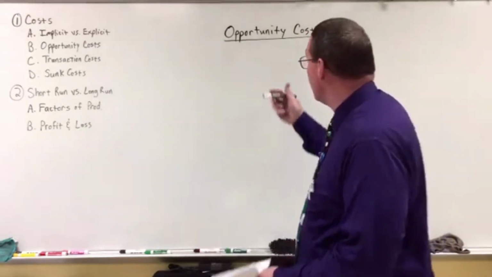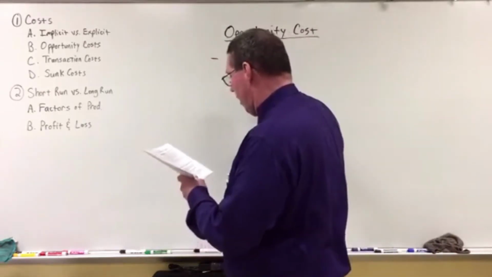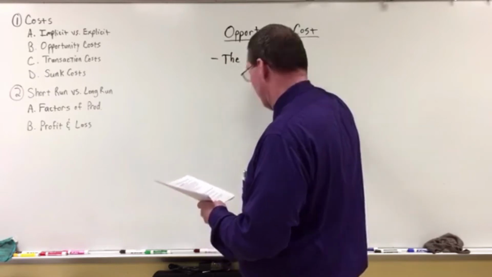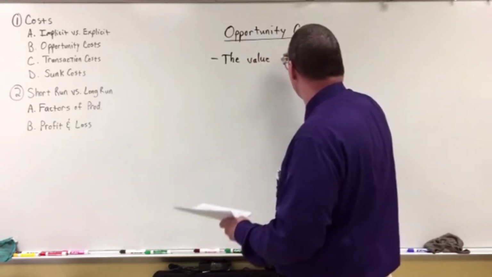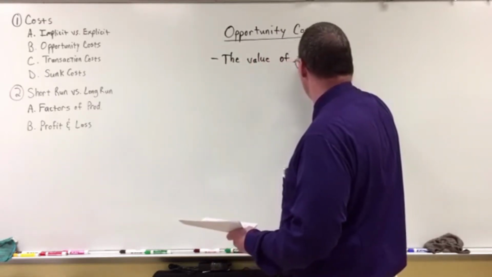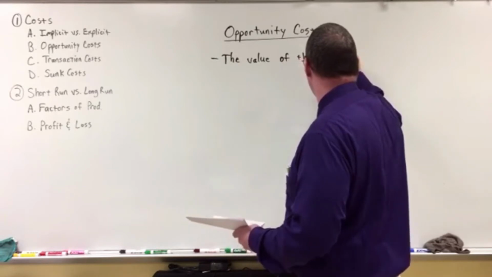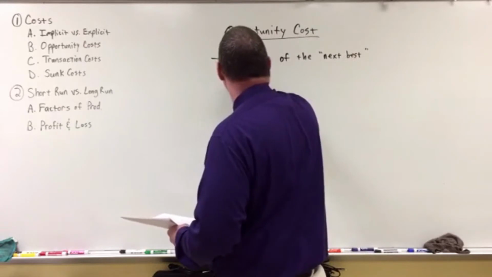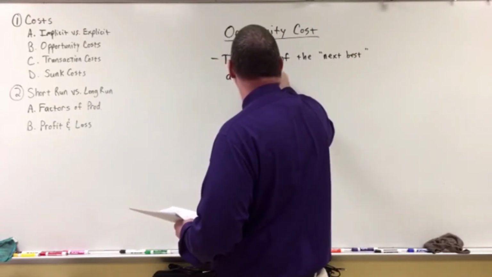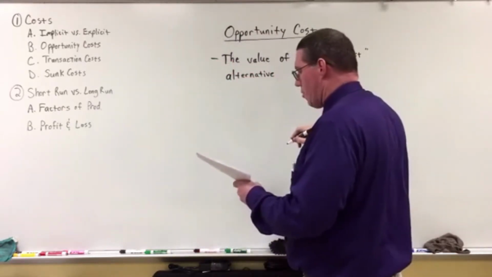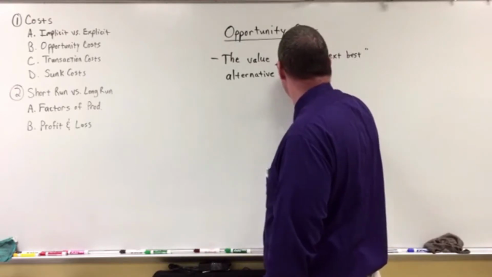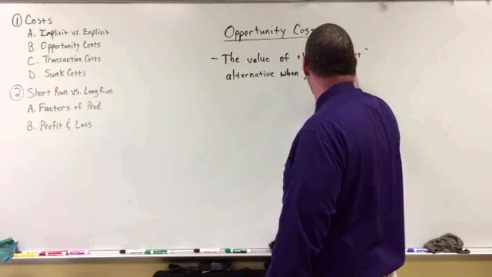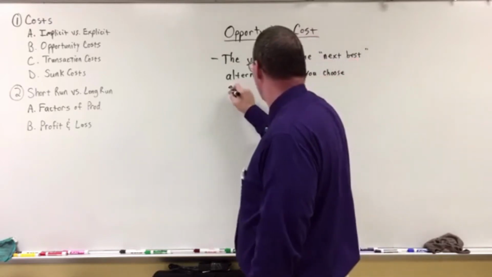the way economics textbooks typically define it like this. It is the value of the next best alternative as a result of making a decision, or let's just say when you make a decision, or when you choose something.